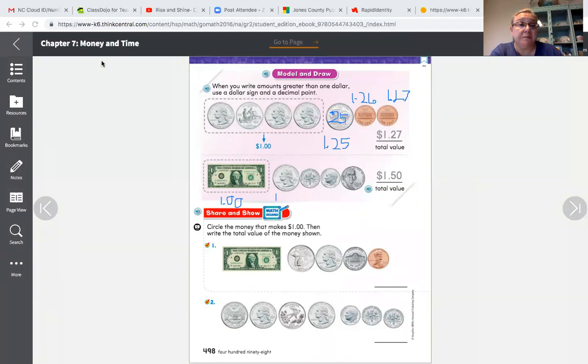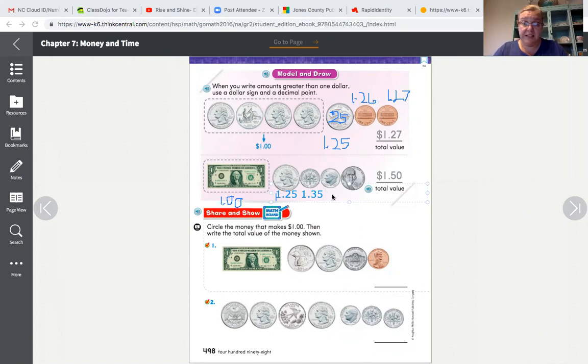Hold on one second. It gives me $1.25. And then we have another 10 cents. So that gives us $1.35.